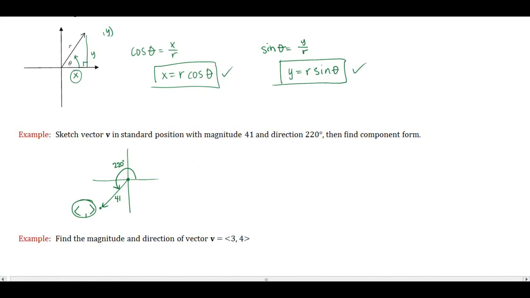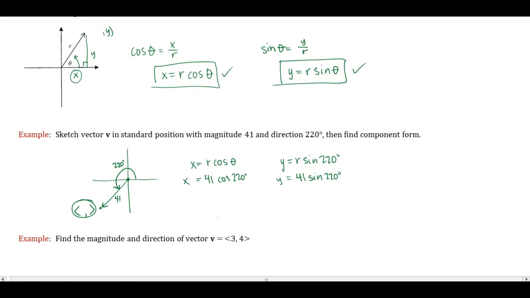Well, as you see from our equations up there in the green, x is equal to r cosine of theta, which means magnitude times cosine of 220. And I can tell you what the x value will be. And then I can tell you the y value is r sine 220, and guess I could have put the r value in, 41 sine 220.